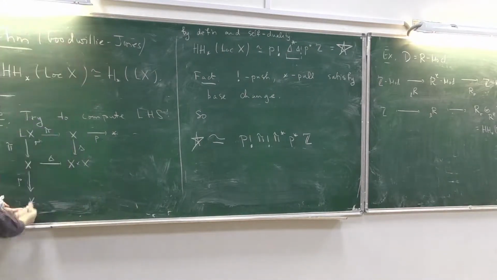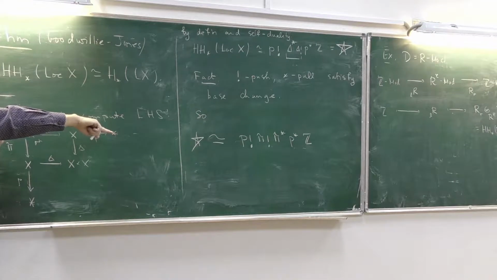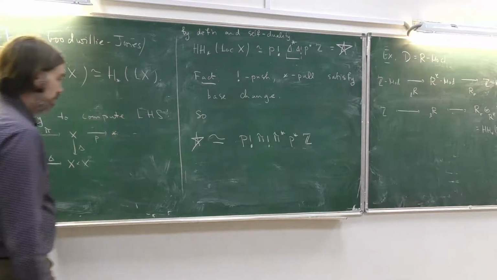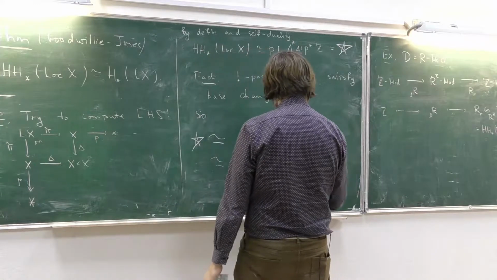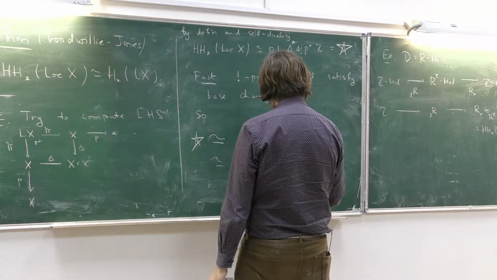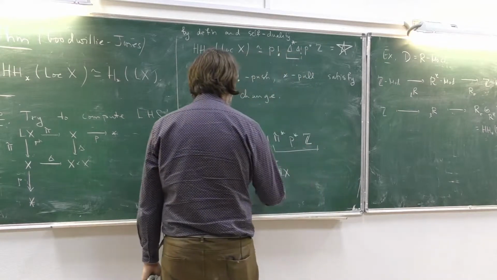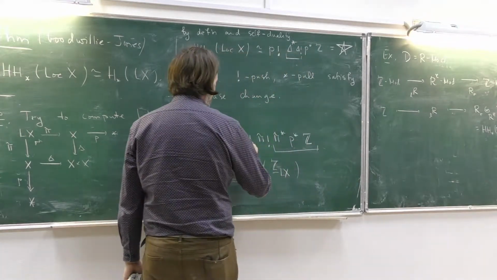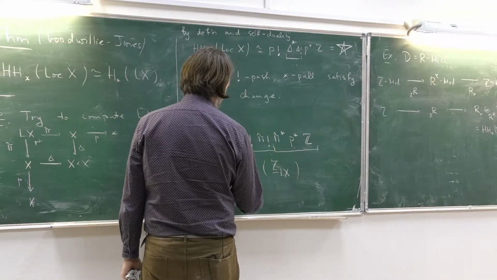I pulled all the way back up to the free loop space, so I get the constant sheaf on the free loop space. And then I shriek push forward all the way to a point, which is homology. So this part here is just the constant sheaf on the free loop space, and this part right here is just chains.